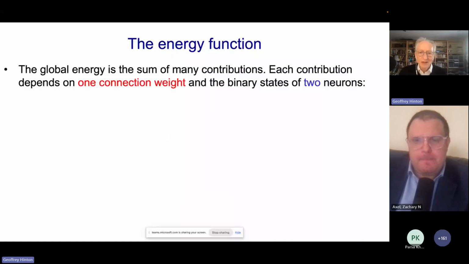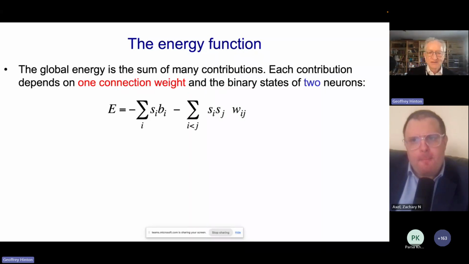So if we have a whole bunch of neurons, there's an energy function that's the sum of many different contributions. And this energy function is going to control what happens when the network settles down. The energy function has a term to do with the biases of the individual neurons, and we'll ignore that for now. And then the main term is to do with interactions between neurons. That second term says that there's a weight w_ij between neuron i and neuron j, and there are the states of those two neurons, which are either ones or zeros.